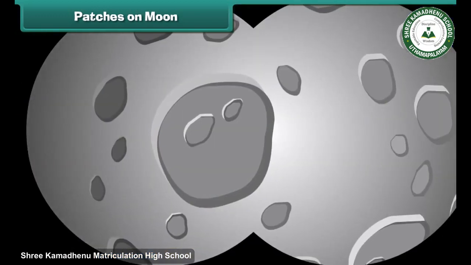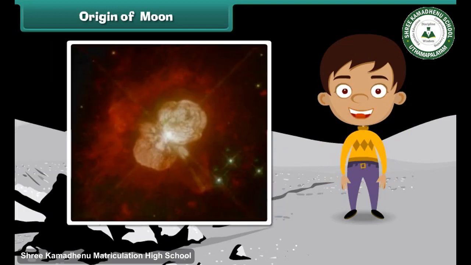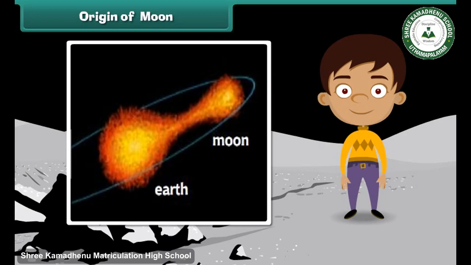meteor collisions. Well, a lot of debate has been held on how the moon originated. Some scientists believe that it might have formed along with the Earth from the initial cloud of gas and dust that formed our solar system. Another idea is that the moon was once a part of the Earth and then broke off for some reason.